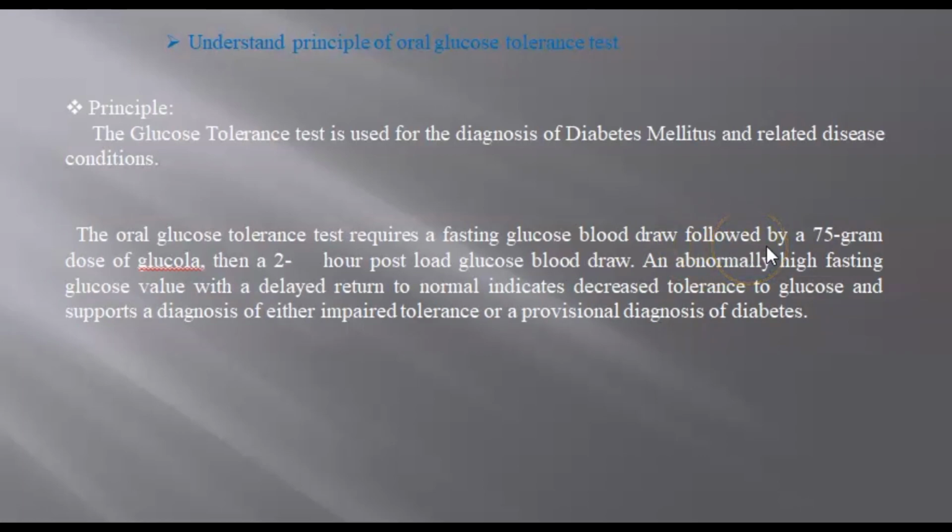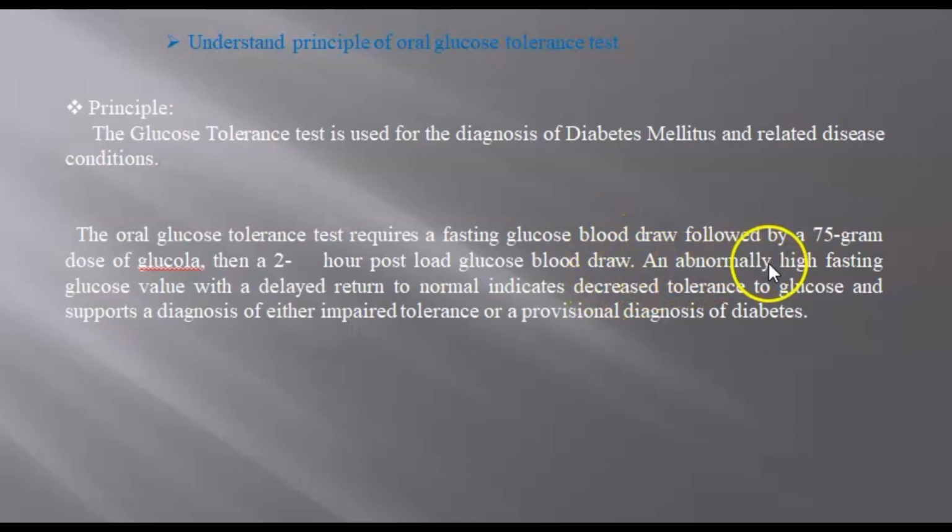Shortly after that, a 75 gram dose of glucola, which can be a glucose drink, glucose powder, or any other source of glucose, is given to the same patient, and then we wait 2 hours to make sure the glucose moves into the bloodstream, and another blood sample is collected, just like the first one.